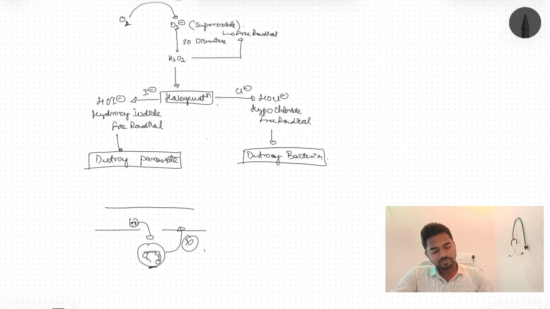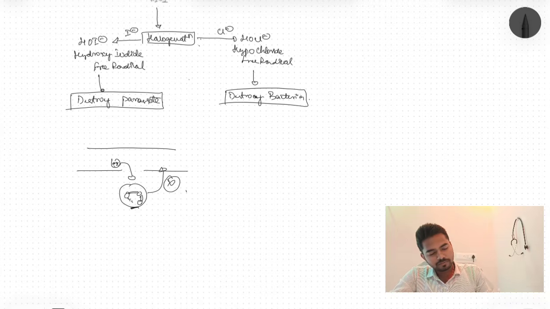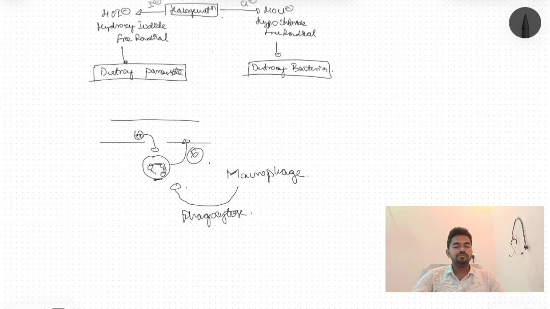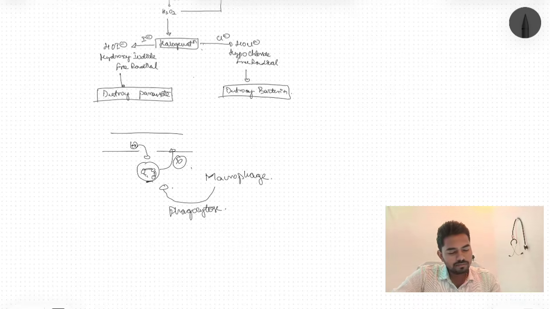So what happens now? Macrophage will come. This macrophage will engulf the neutrophil which engulfed bacteria. See how beautiful it is. So the classical finding in acute inflammation is neutrophilia.